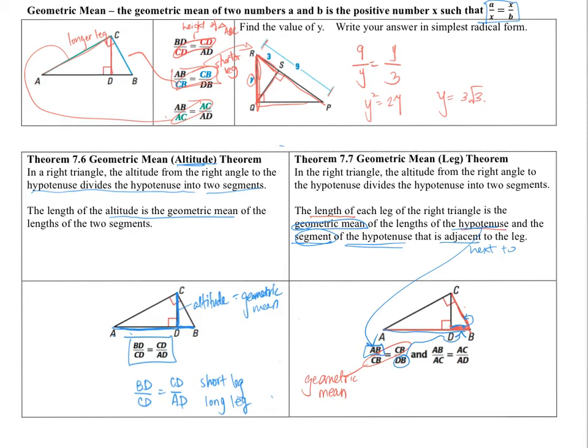And so the same goes for the other one. AB to AC is equal to AC to AD. And AC here is your other geometric mean.